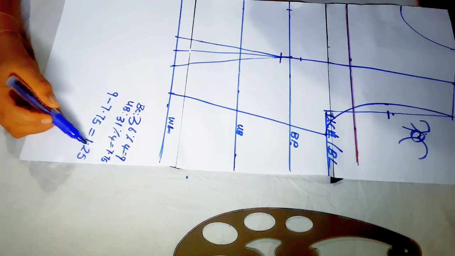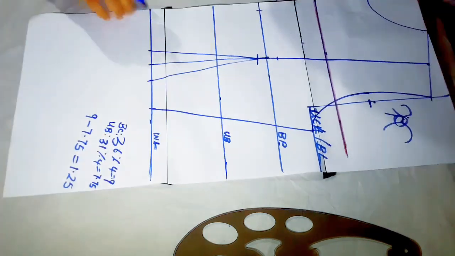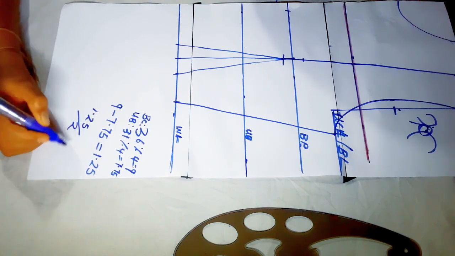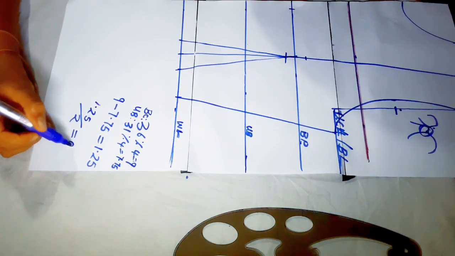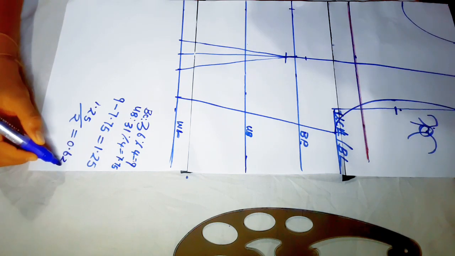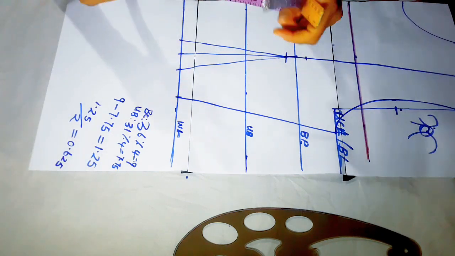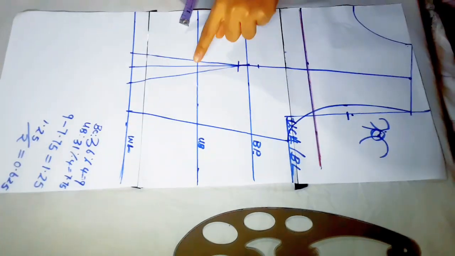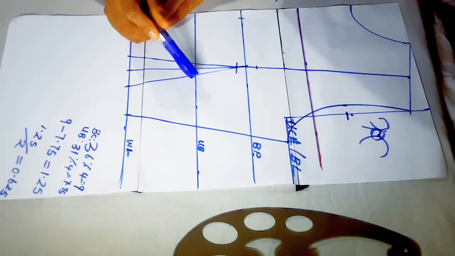So 1.25. Remember I said we're going to put 1.25 on both sides, so now I'm going to divide 1.25 by 2. When I divide by 2, I am left with 0.625. So I'm going to put 0.625 on these sides, on the under bust, not from this midline, but from this point.